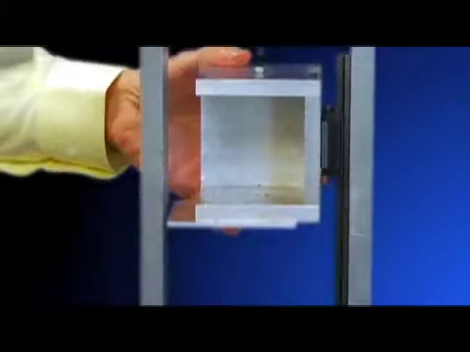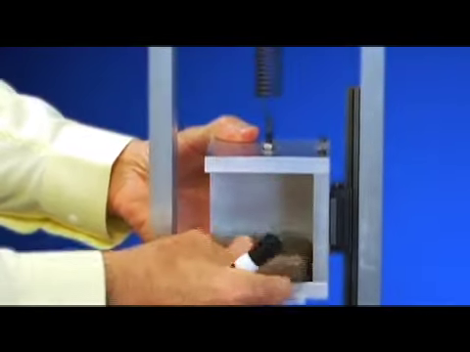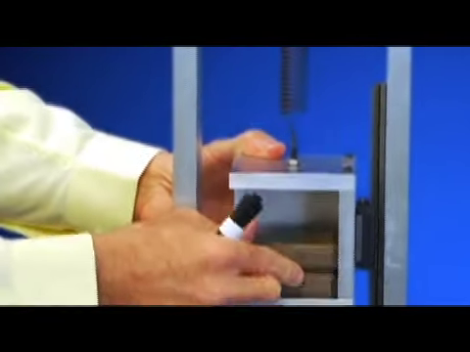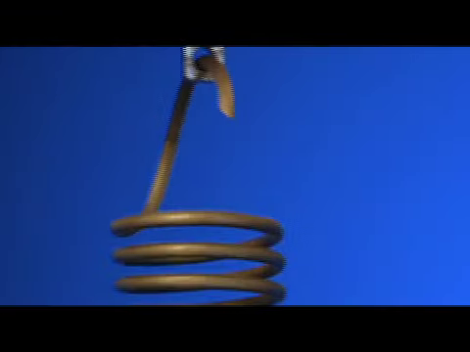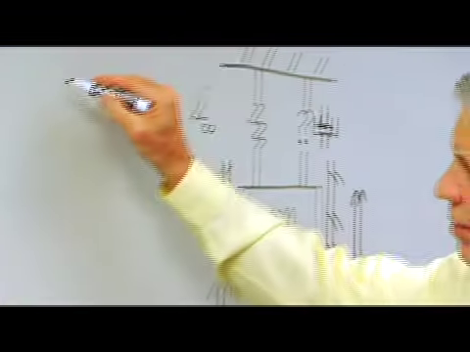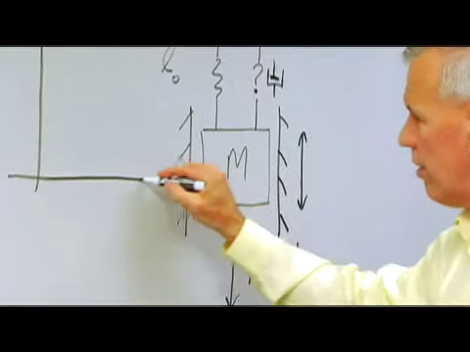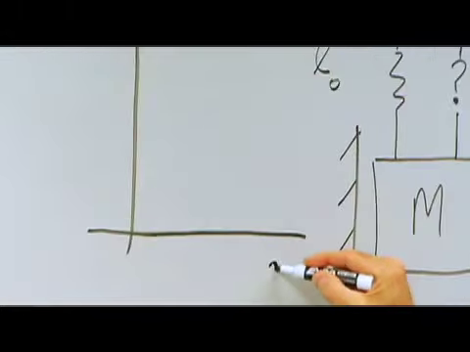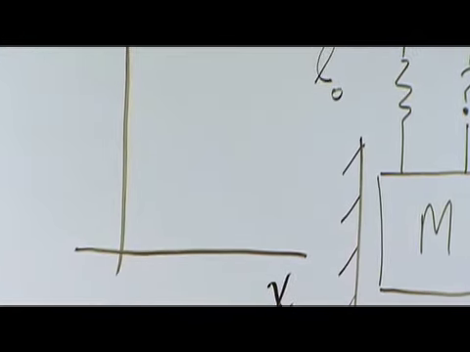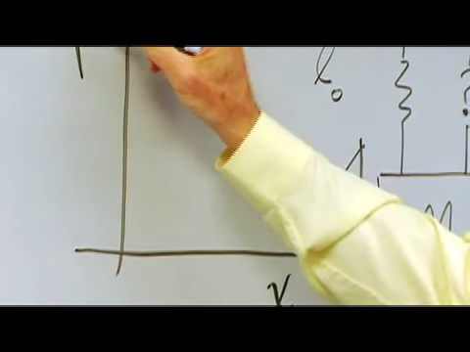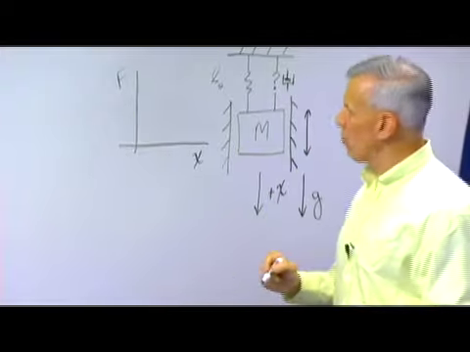Once I add a mass, and here the tray, which is rather light, it's aluminum, add a steel mass and another steel mass, and you see the spring stretches, I could plot on a horizontal and vertical axis, on the horizontal displacement from that unstretched length of the spring, and the force, which is the weight applied to that spring.